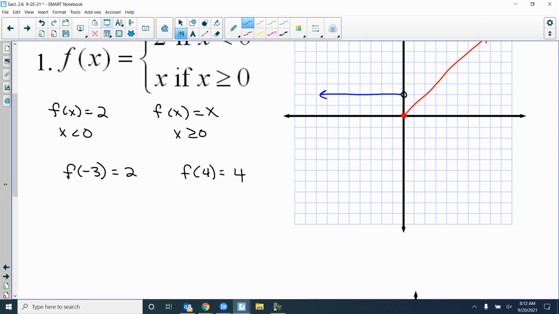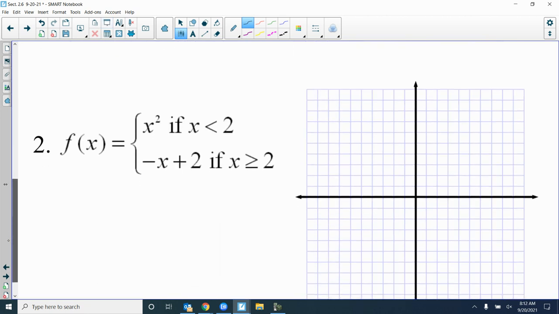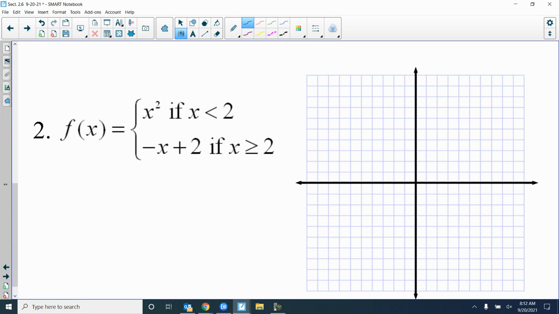All right, that next one there beside it. F of x equals x squared if x is less than 2. It equals negative x plus 2 if x is greater than or equal to 2. All right, where's our transition point now?